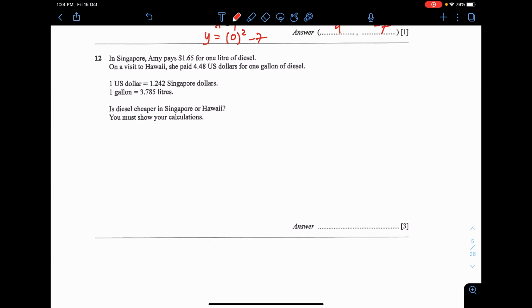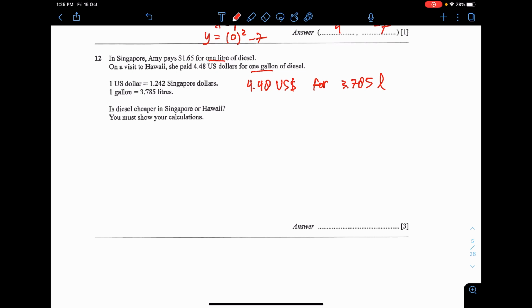Next, in Singapore, Amy pays this amount per liter of diesel, and then on the visit to Hawaii, the cost is this. Is diesel cheaper in Singapore or in Hawaii? Okay, there is 1 liter and there is 1 gallon. 1 gallon equals this many liters, meaning to say that she paid $4.48 US for 3.785 liters of diesel.